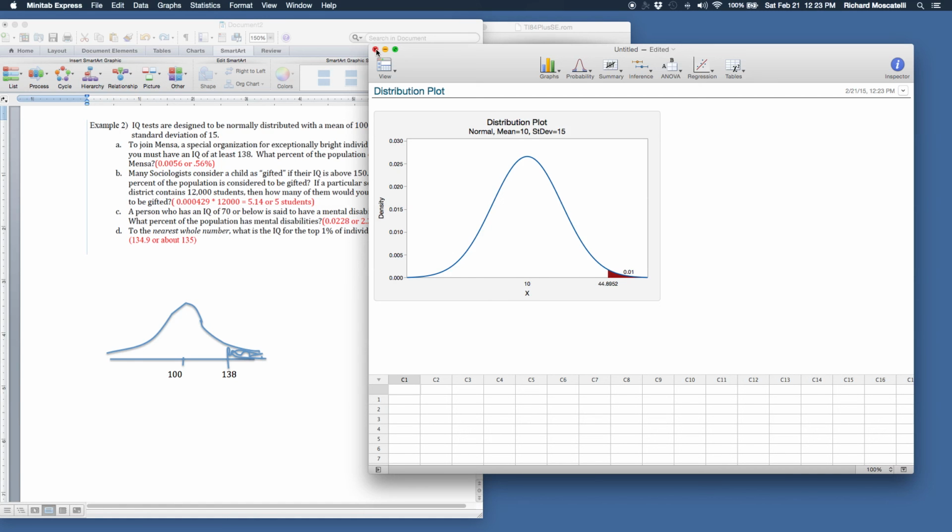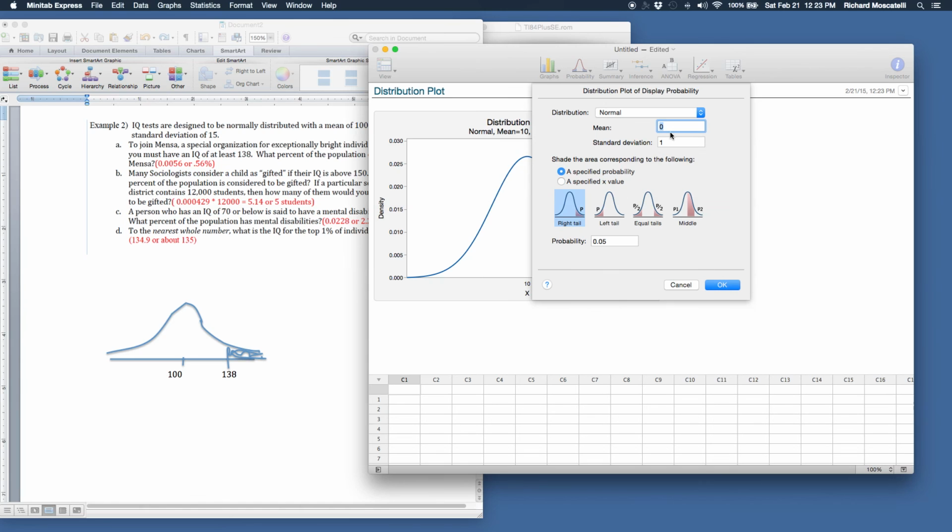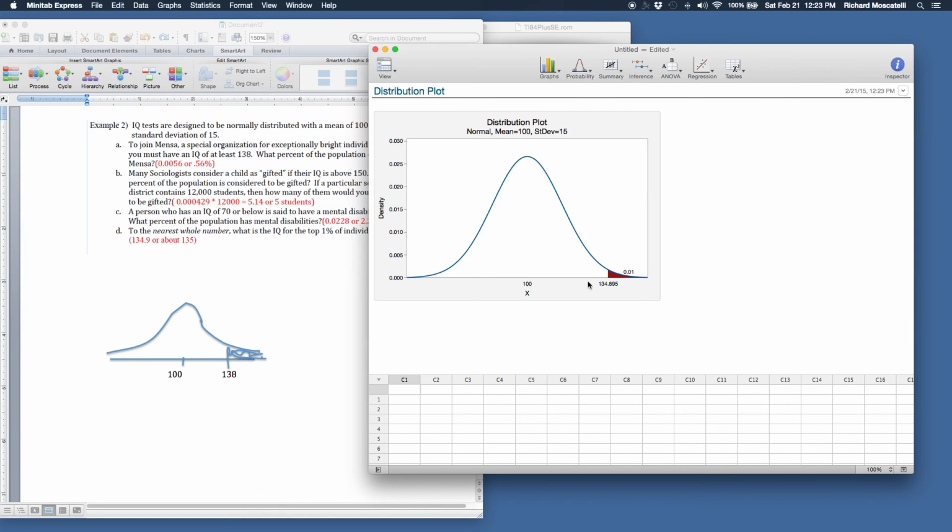That's why it's a little off. We'll recalculate that. This is 1%. This is the correct version. 134.895. I called it about 135.